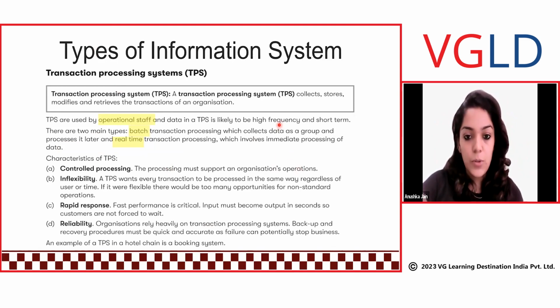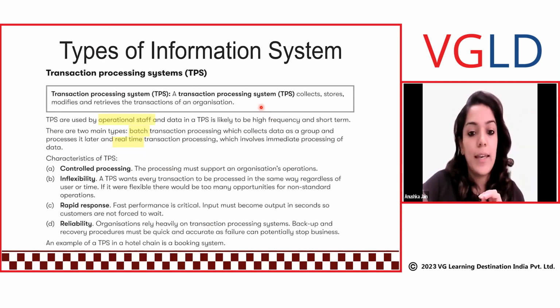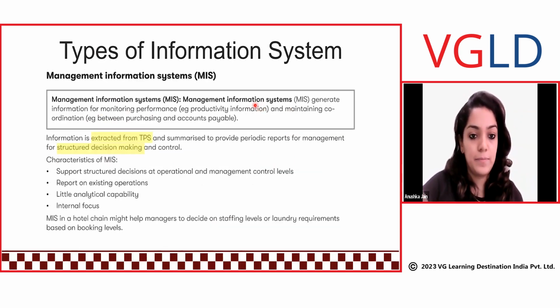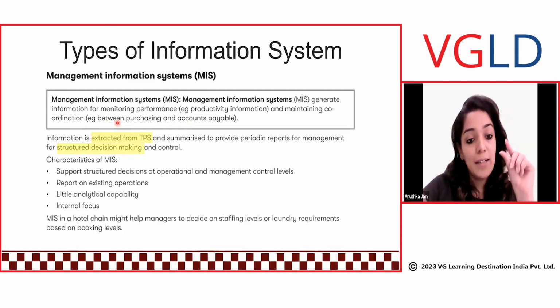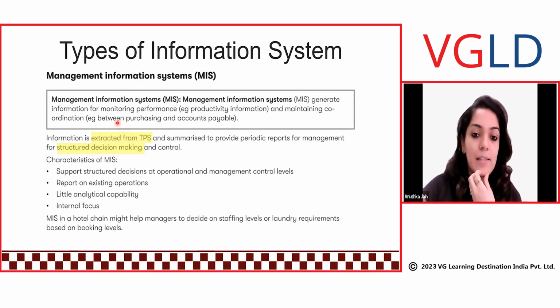Okay, so let us move to the next one. This was about TPS, relevant for the operational level. Next is MIS, Management Information System. MIS will be relevant for the management control level, that is the middle management. It generates information for monitoring the performance and maintaining coordination.